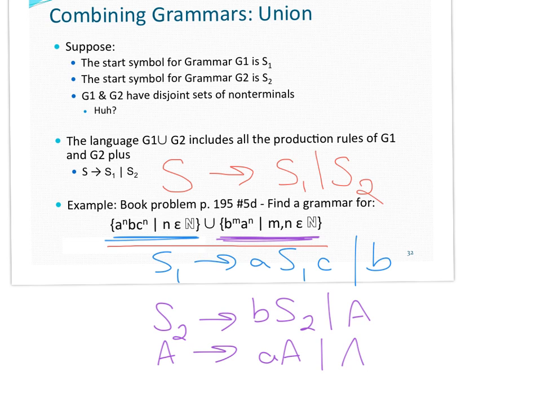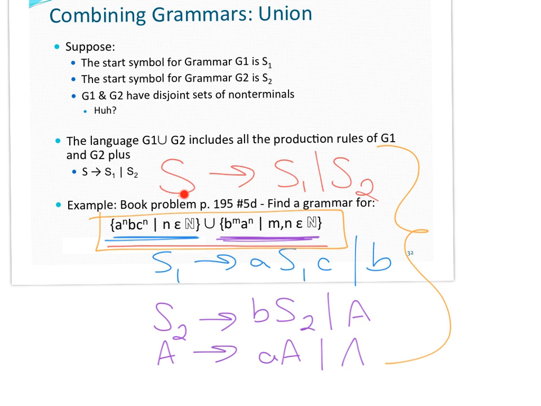And if I take all of these production rules together, that forms the language that is the union of these. So after you start, you either follow this path to create a string that's in the first language, or this path to create a string that's in the second language, and the result is a string that's in the union of these two.